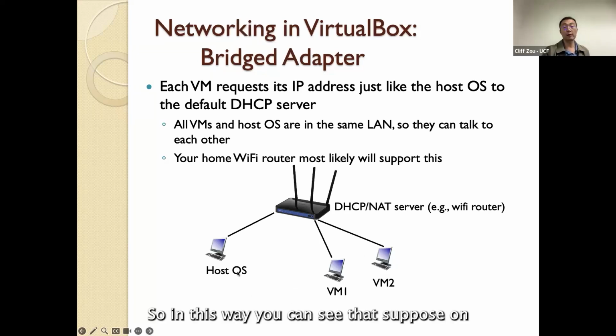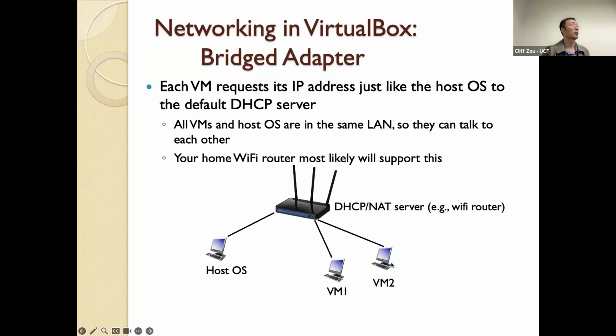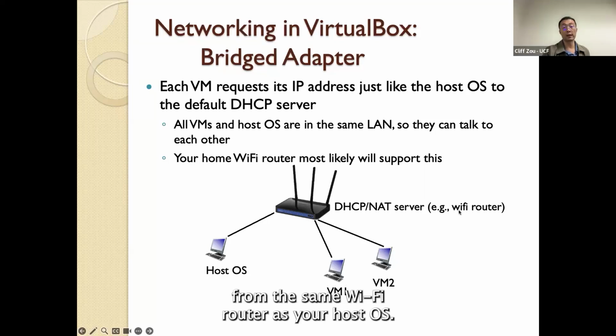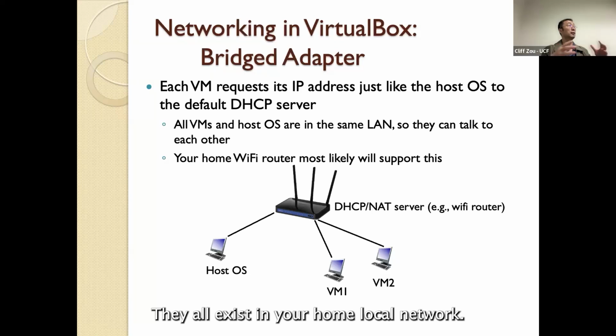So in this way, suppose on this host computer you run two VMs, then both VMs will get IP addresses from the same Wi-Fi router as your host OS. So all three operating systems are actually in the same local area network. They all exist in your home local area network.